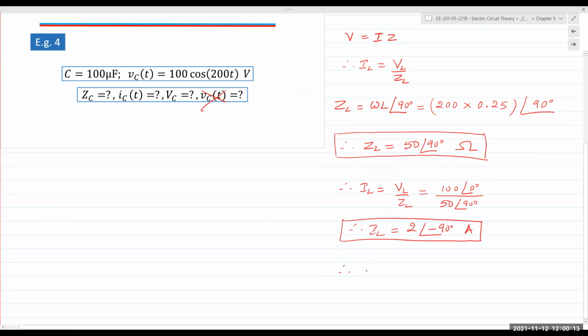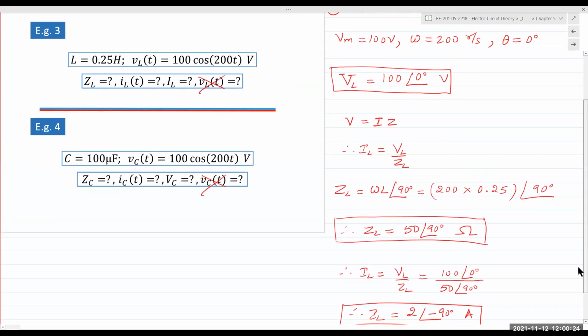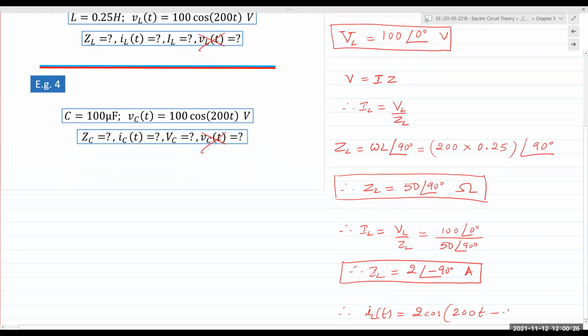Therefore, IL of t would be 2 cos of omega t, which is 200t. Omega does not change. 200t minus 90 degrees. Does that make sense, everyone? Thank you.